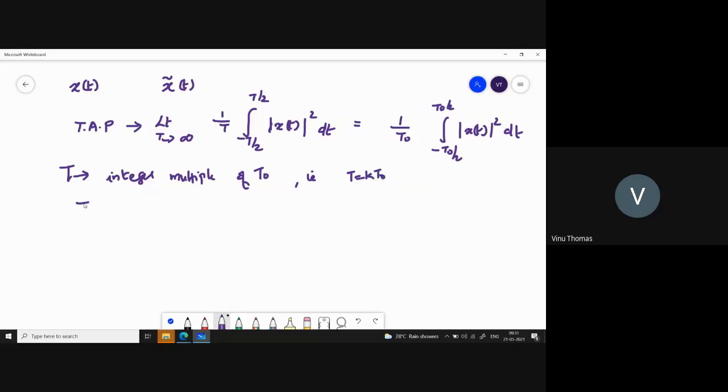And instead of saying T is tending to infinity, it is just enough to say that k tends to infinity. Since T is taken as an integer multiple of T0, T tending to infinity will also mean that k tends to infinity.